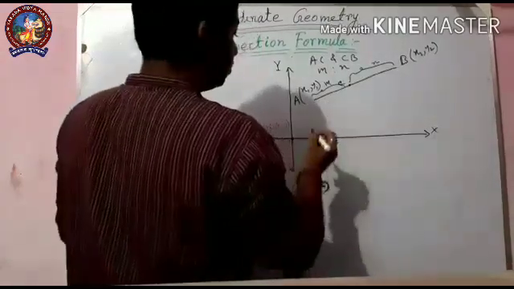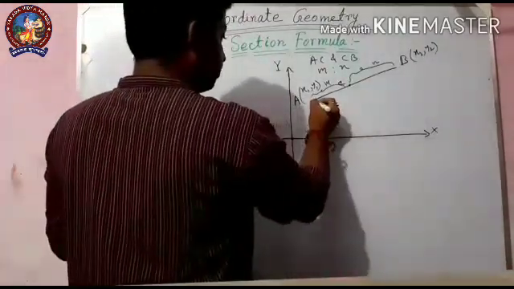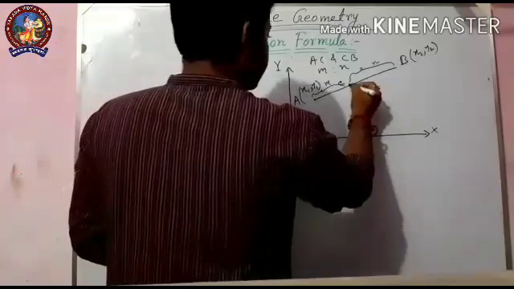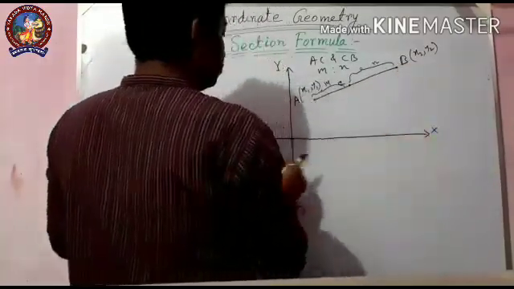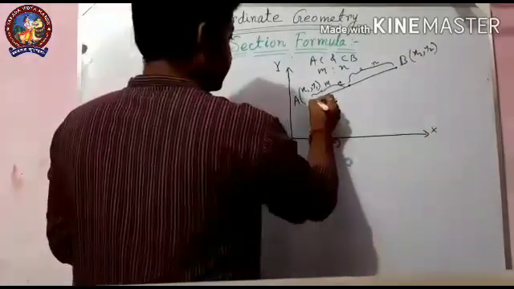Now let's draw two perpendiculars from the points A, C and B to the x-axis.